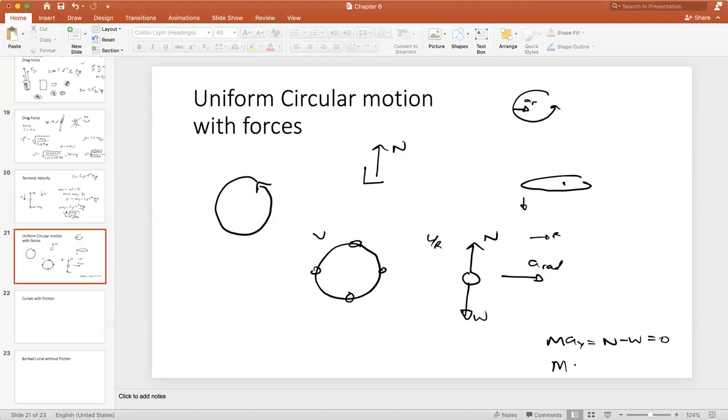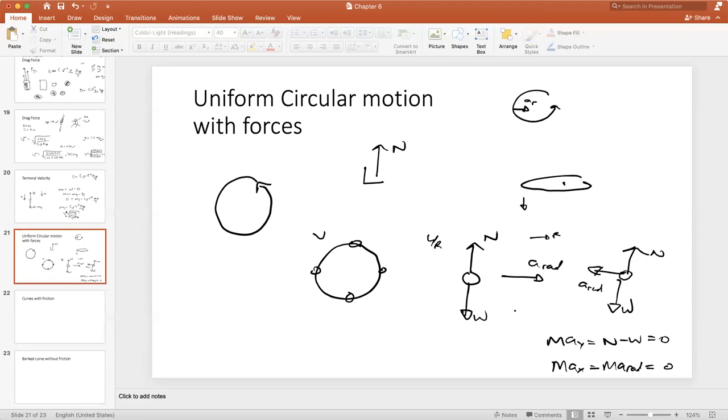And MA_x, which is MA_rad, remember, we're only on the left and right. On the right, it would be N, weight, and A_rad would go that way, is equal to 0. There's nothing pulling you in, right?